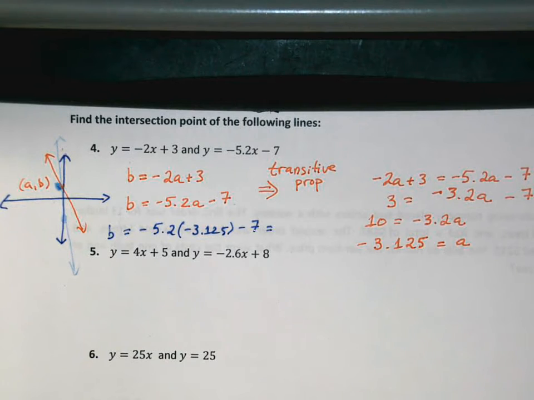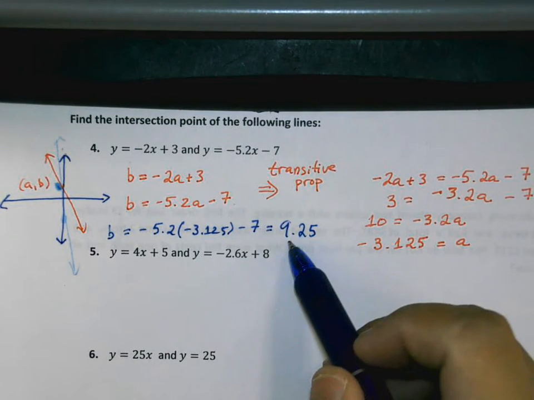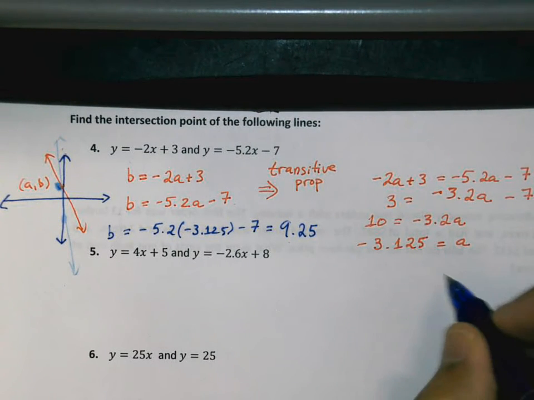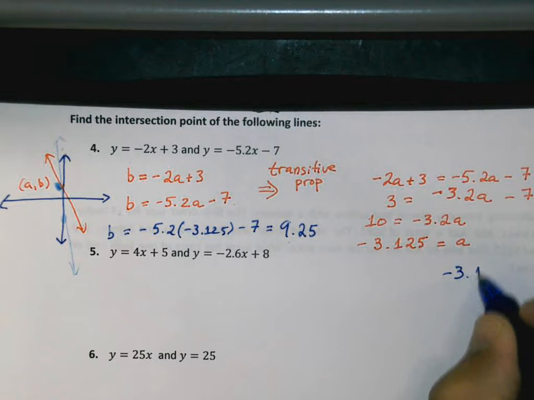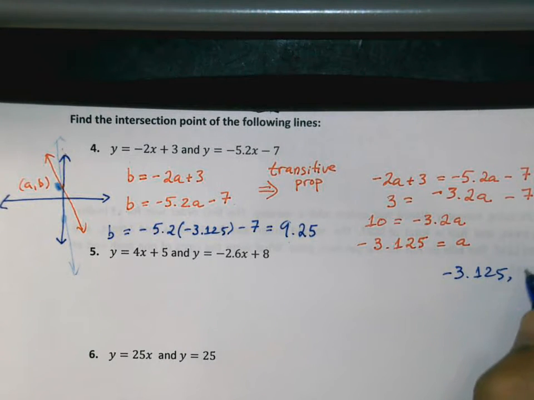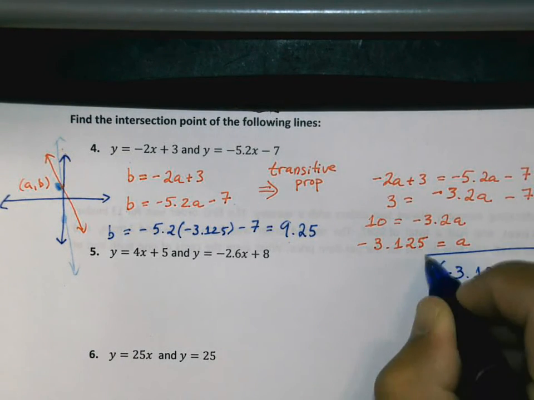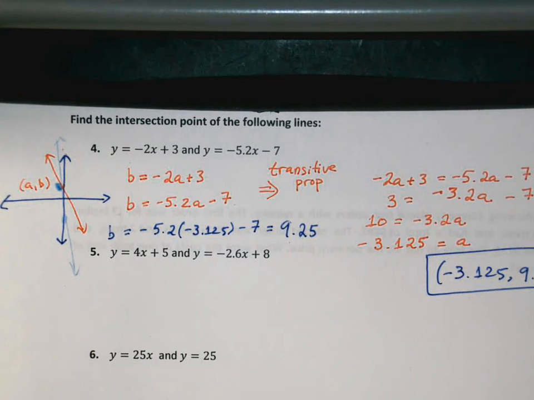I use a calculator to help me with the arithmetic, which comes out to 9.25. So the answer to this question is a coordinate, (-3.125, 9.25). And that is the intersection point.